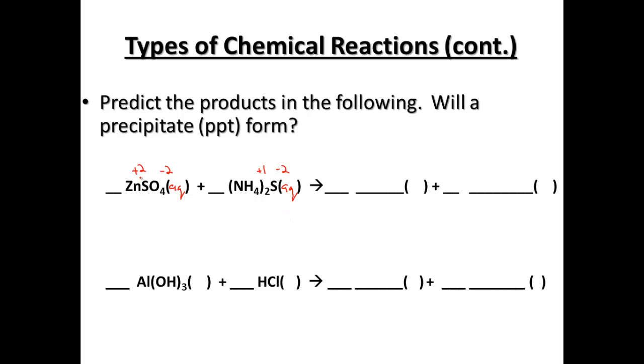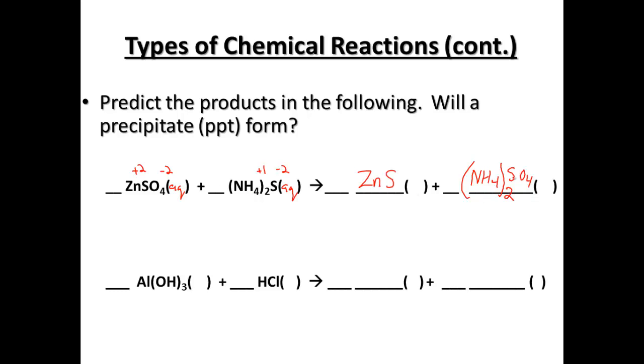Now the positive of one is going to connect with the negative of the next. So zinc, Zn, is a +2, sulfur is a -2, so our formula is ZnS. And then our second one, our positive NH4, +1, is going to react with SO4, which is -2. When they react, we need 2 NH4s in order to balance out the one negative SO4.